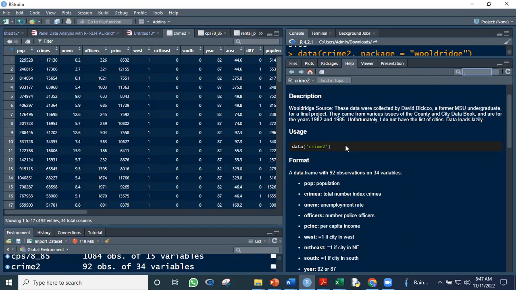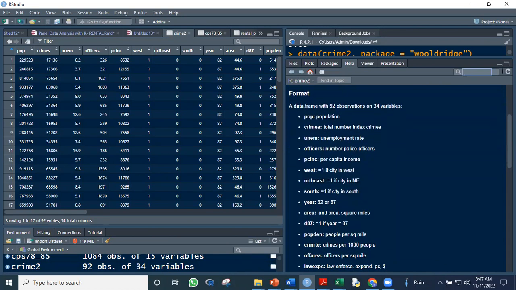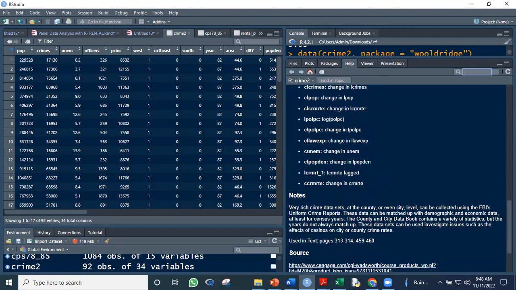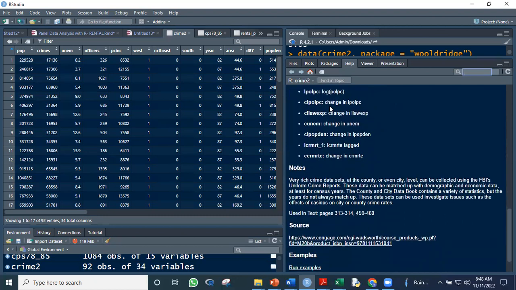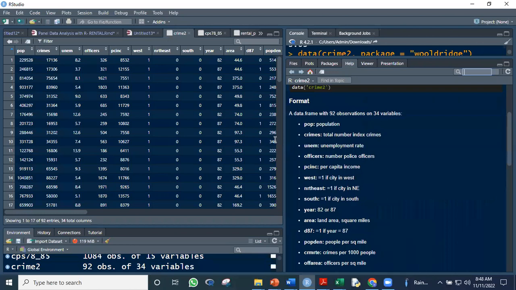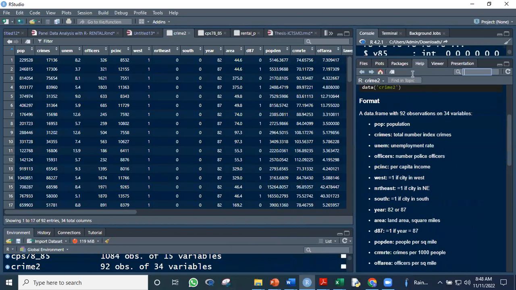So how many cities are there, class? 1982 and 1985. So kinuha yung population ng 1982 and 1985, kinuha yung number of crimes, total number of index crimes, etc. So here is the metadata. Ito yung information about that very rich crime data sets at the county or even city level. Okay. All right. So this is city or county.